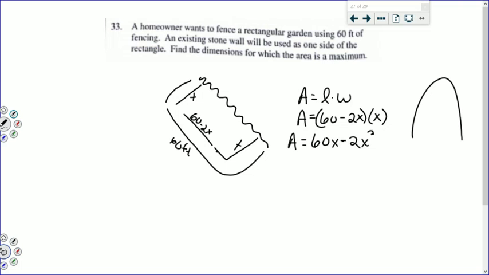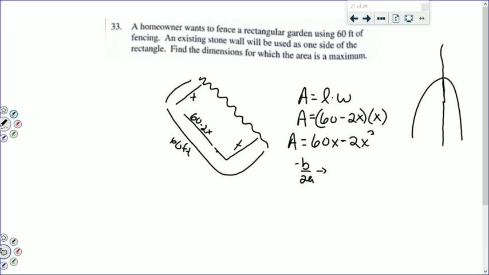So our area graph looks something like this. The value that makes our area graph the biggest, the farthest away from 0, is going to be the x value of the vertex. To find that, we say negative b over 2a.